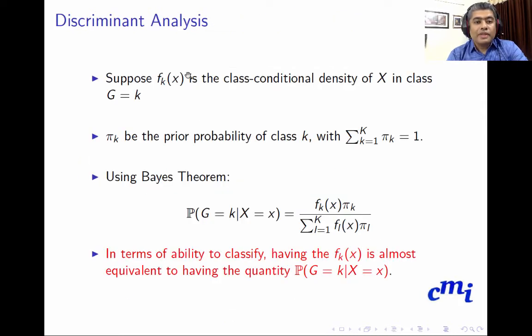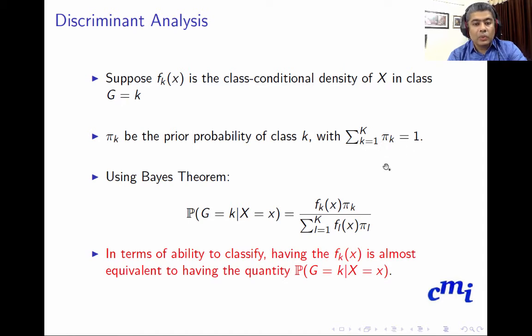Suppose f_k(x) is the class conditional density of x in class G equal to k. Pi_k is the prior probability of class k, with the sum of the pi_k equal to 1.